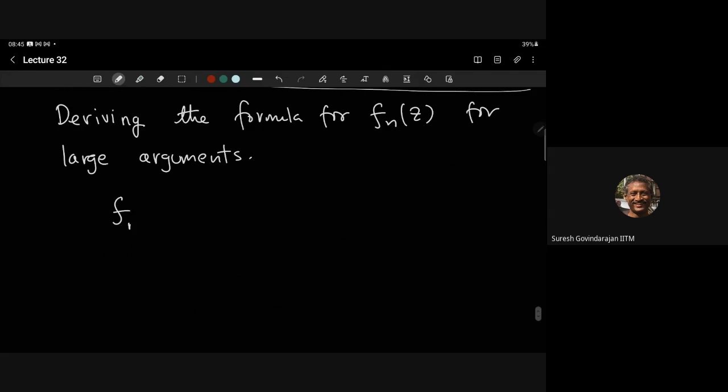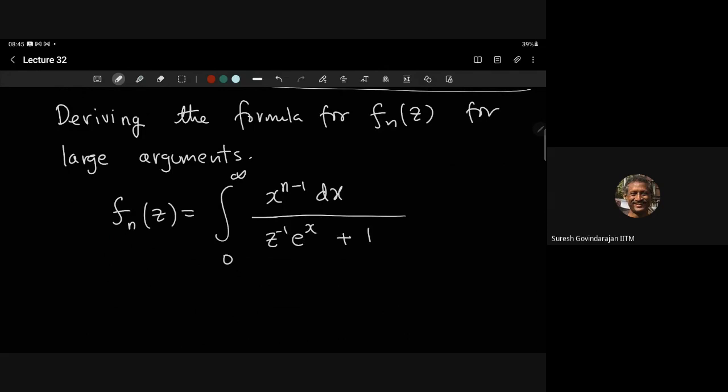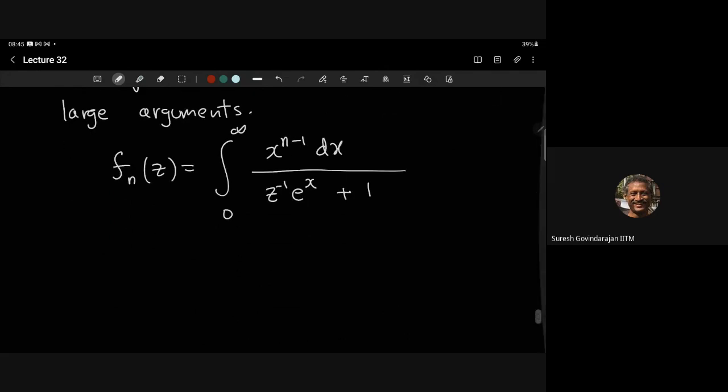So go back to the definition. Okay, and z is supposed to be large. Okay, so that's what we want.